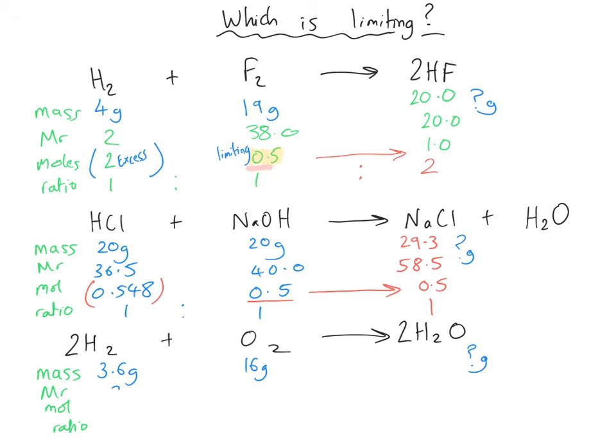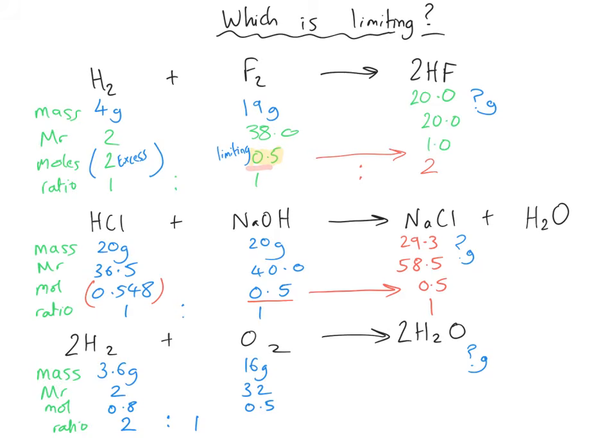So the MR of hydrogen is 2, the MR of oxygen is 32. The moles for hydrogen are 0.8, and the moles for oxygen are 0.5. Now it looks therefore that oxygen is going to be our limiting factor, but the ratio of hydrogen to oxygen is 2:1. And so what that means is you only need half as much oxygen as you have hydrogen.